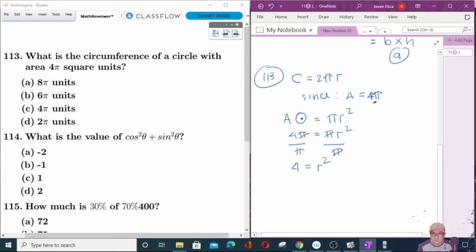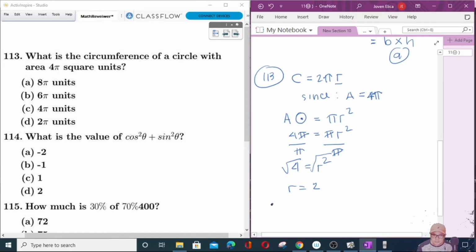Since r in the circumference formula is not given, we need to find the value of r by equating the given area to its formula pi r squared. Taking the square root of both sides, r is equal to 2.